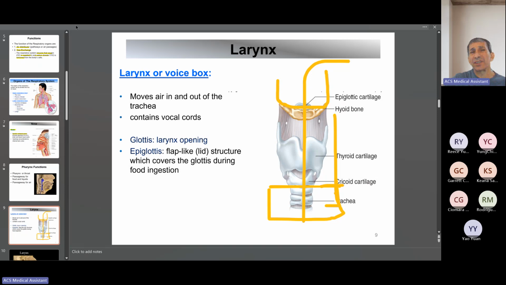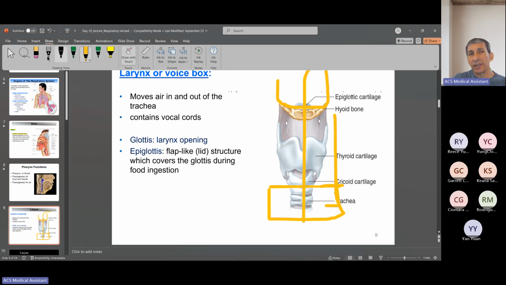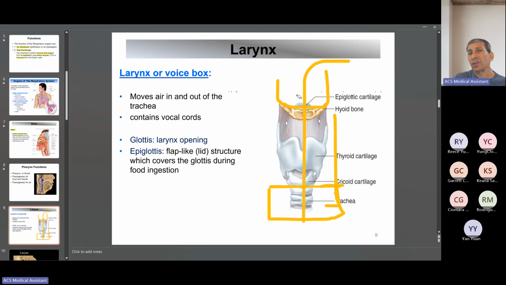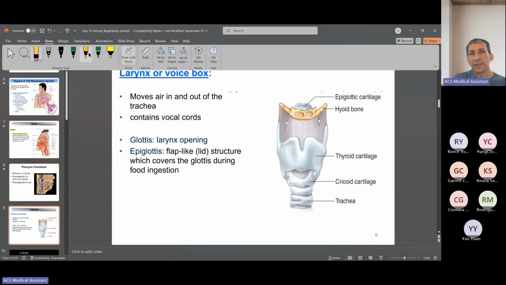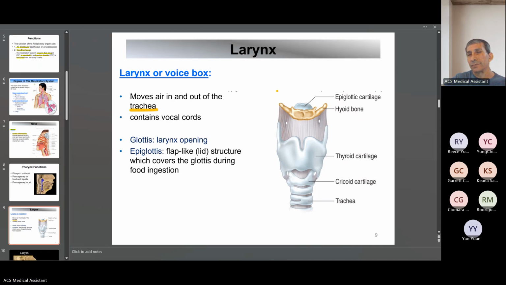But before we reach the trachea, we're going to talk about certain structures that are found within the larynx. Remember, the larynx moves air in and out of the trachea. This is the trachea.